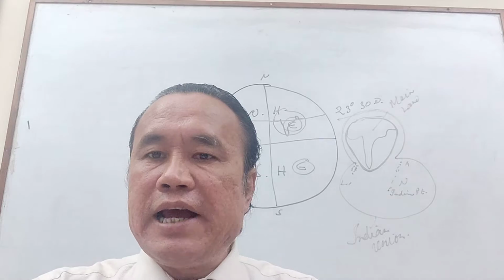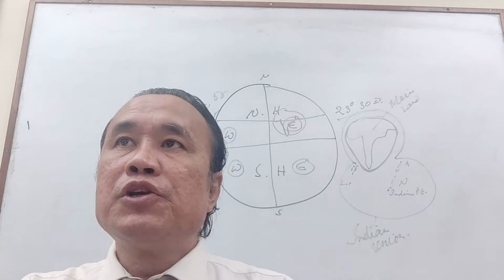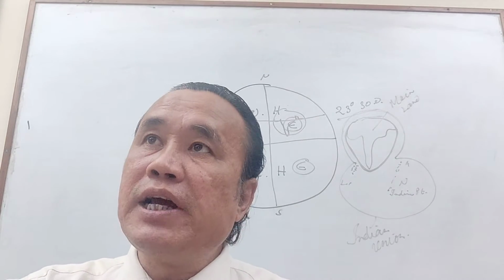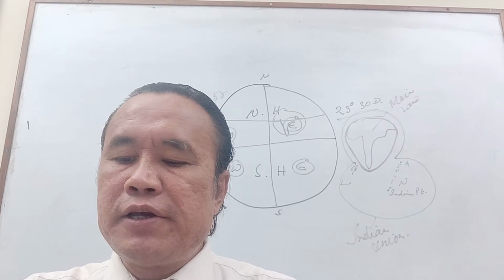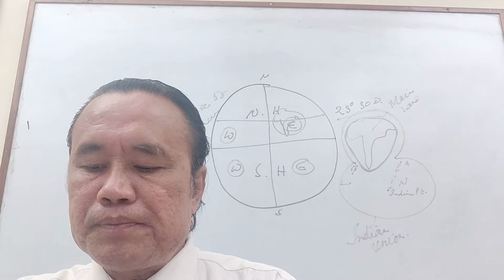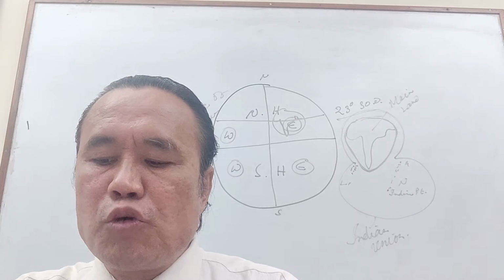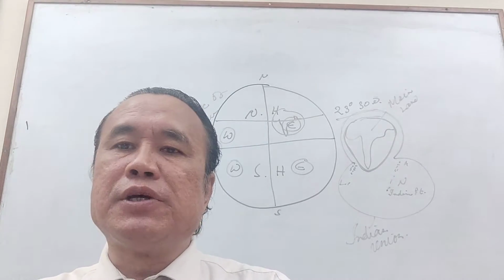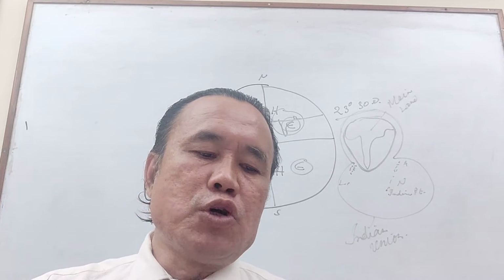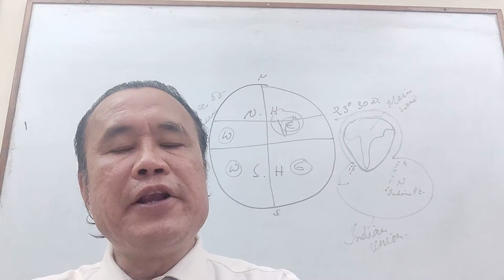The size or the area of the landmass of India is 3.28 million square kilometers. So India occupies about 2.4% of the total geographical area of the world.